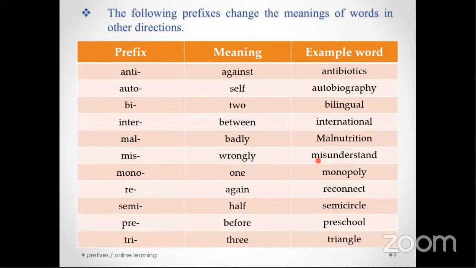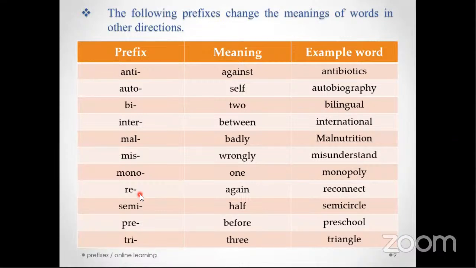Mono, there's another prefix called mono, that means one. Bi කිව්වා two කියන එක, mono කියලා කියනවා one කියන එක. Monopoly, ඒකාධිකාරය කියන එක. It's monopoly, one.